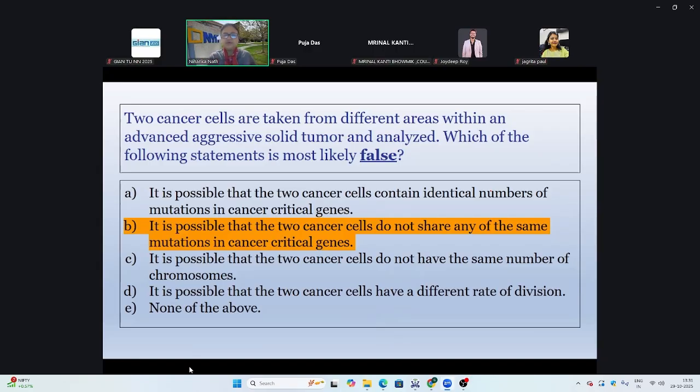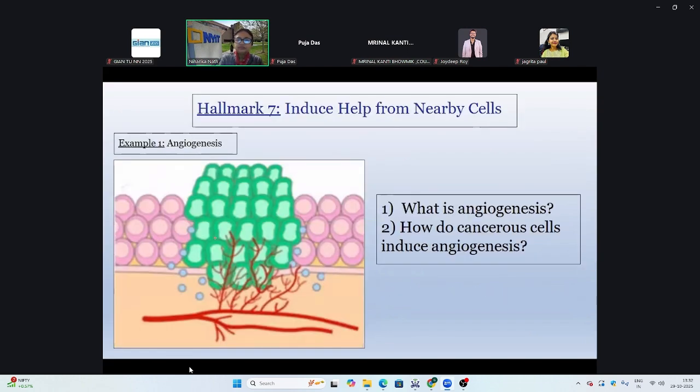It's possible that the two cancer cells do not share any of the same mutations. Then the fact is that this is false, that two cancer cells will share some of the mutations of the same cancer critical genes, because we only have a couple. So those tumor suppressors typically, they do share. I mean, they will be common.